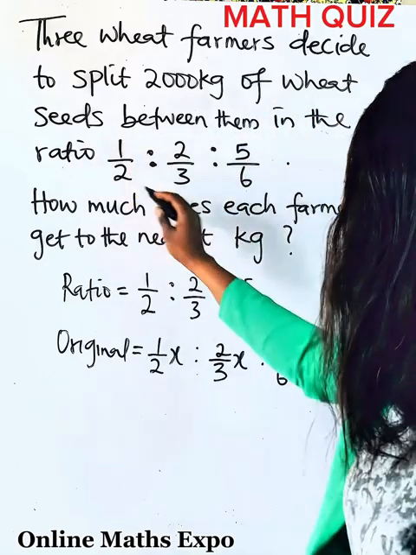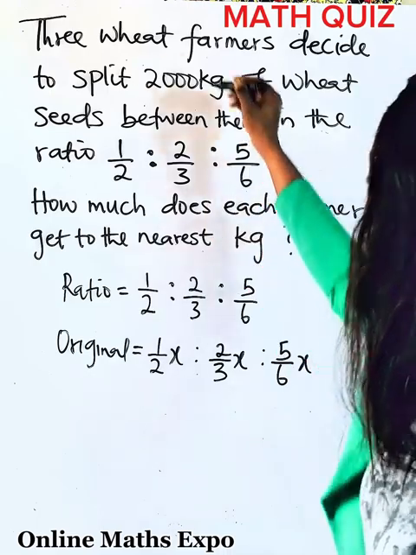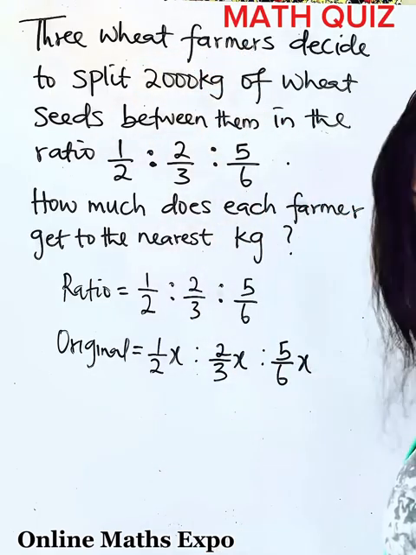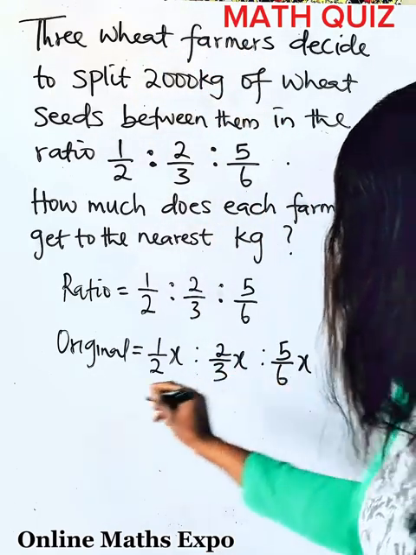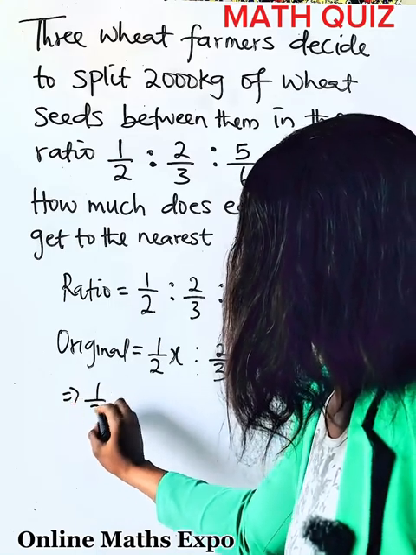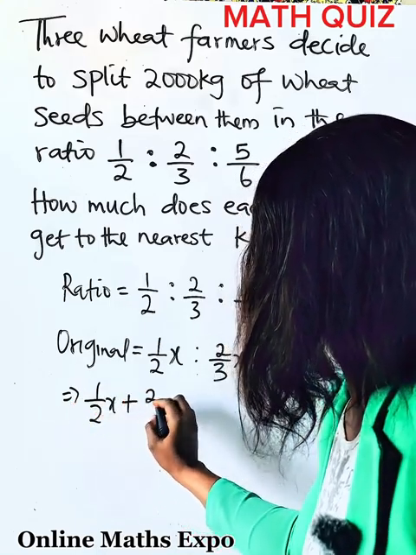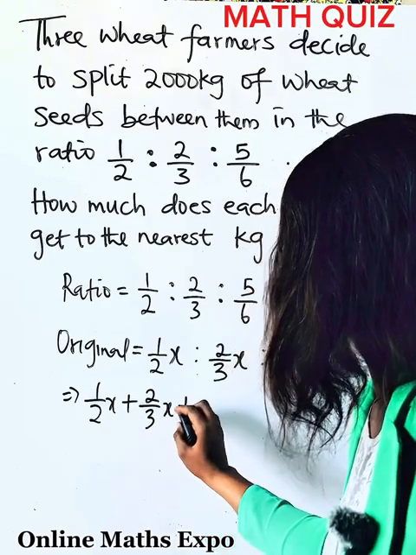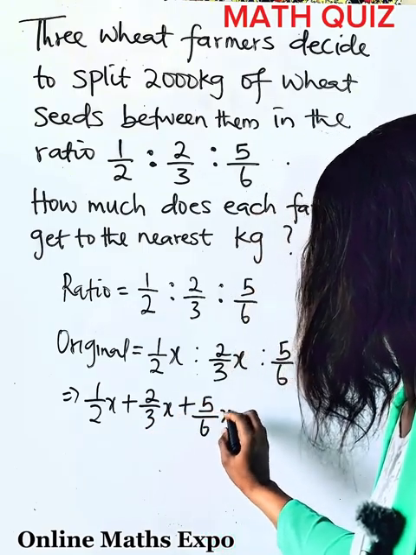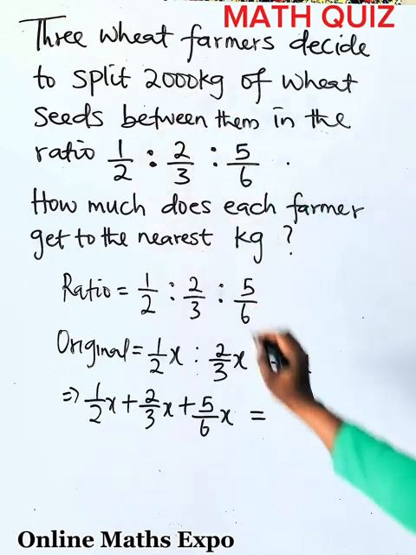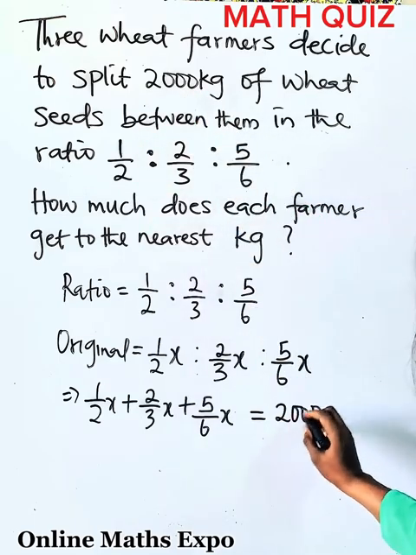So it was the original number that, when you add it up, gives you back 2,000 kilograms. So we have 1/2 of x plus 2/3 of x plus 5/6 of x equals 2,000.